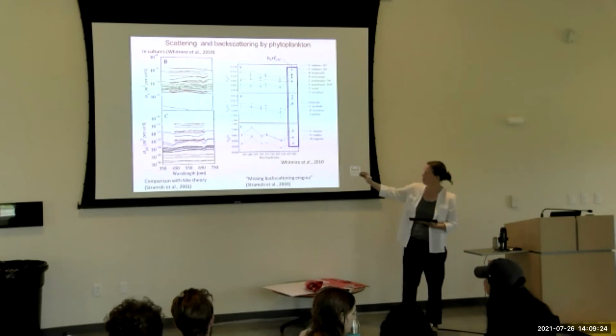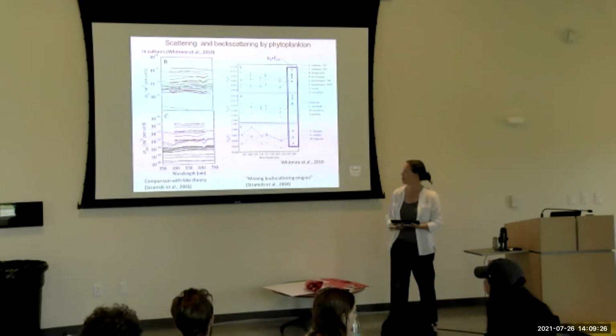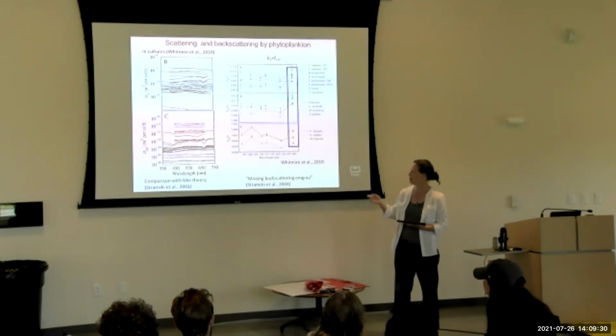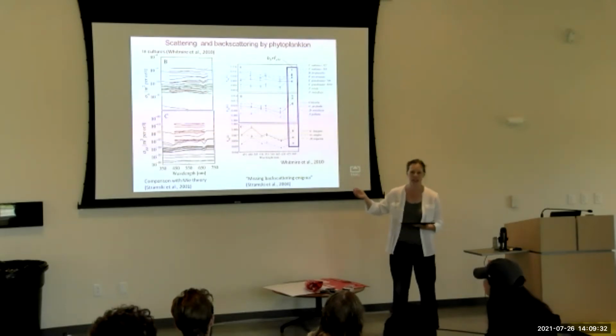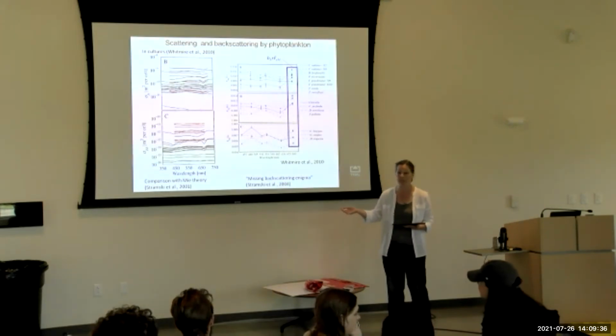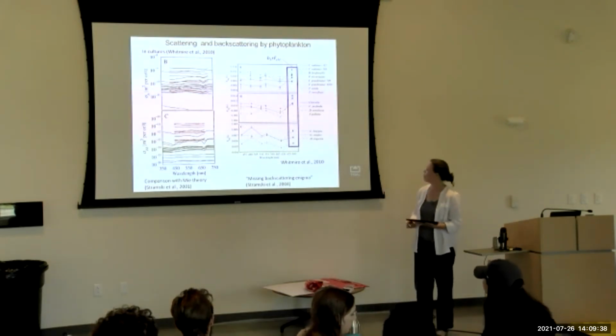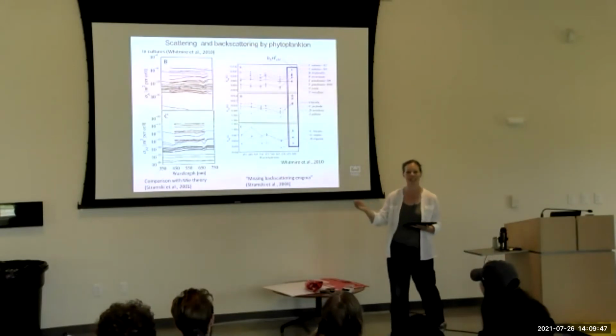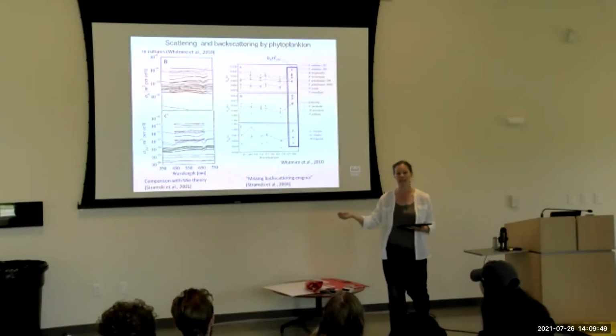The lower panel is the backscattering cross section. And you can see that the laboratory measurements show enhanced backscattering over what Mie theory would predict. The right-hand panel is just a little example illustrating that you do see fluorescence contamination sometimes in backscattering measurements.